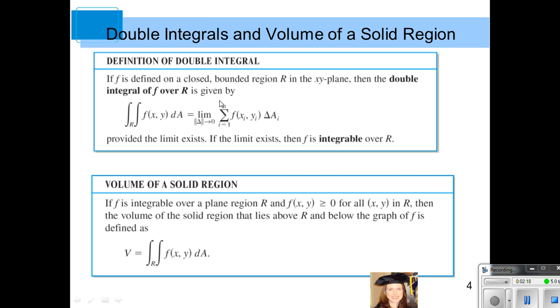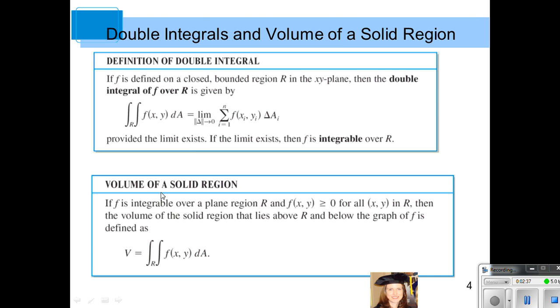And that is equal to the limit, if you make those little changes go to 0, of adding up the areas of those rectangular prisms. We say that this iterated integral is that limit process, if the limit exists.